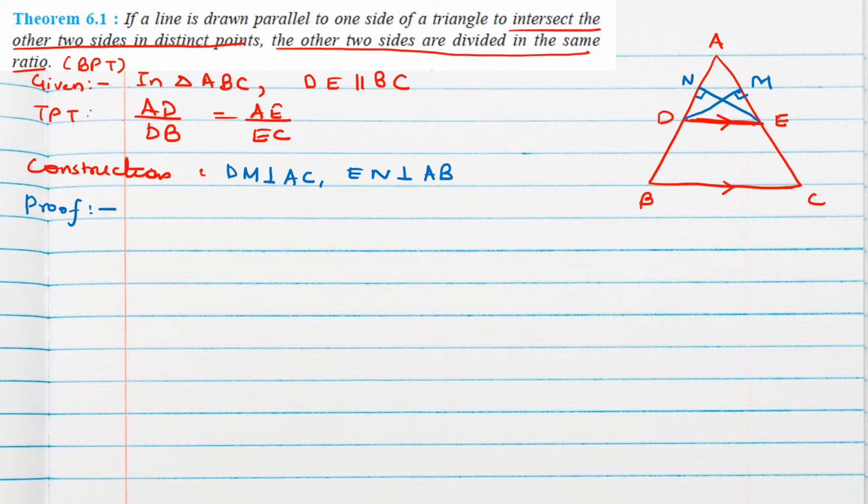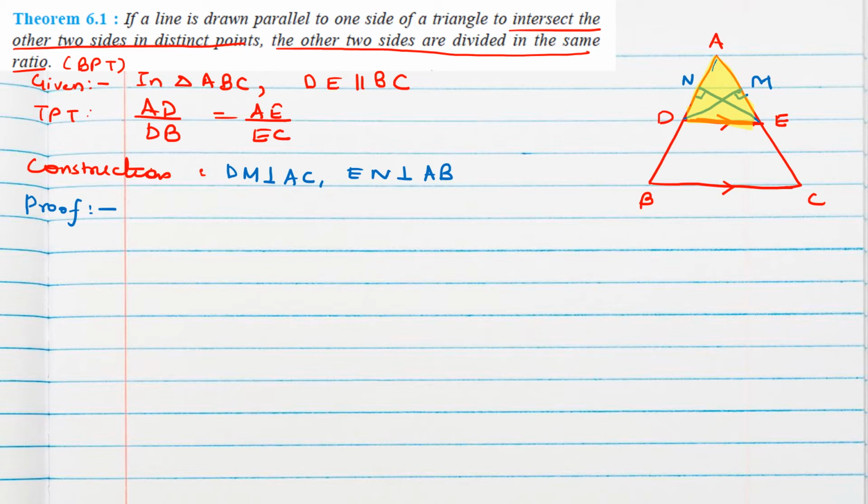In the proof, first we will write the area of this triangle ADE, in terms of base into height, because height is given and base is also given. AD is the base and EN is the height.